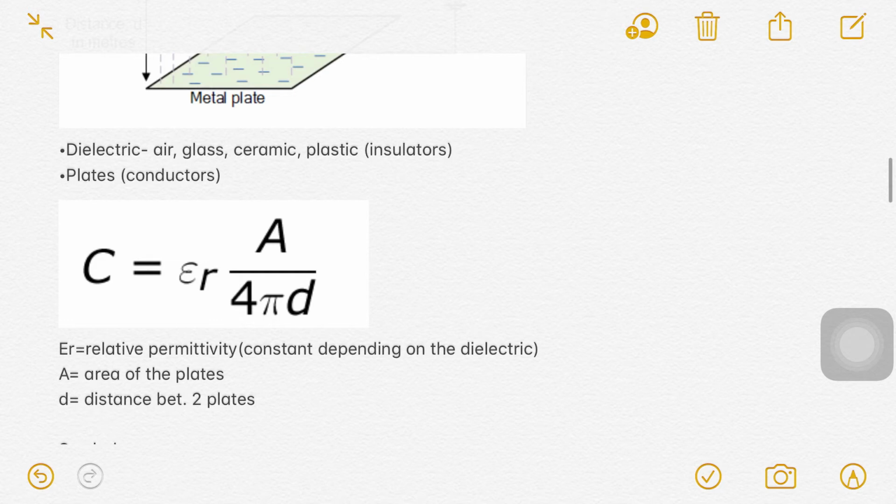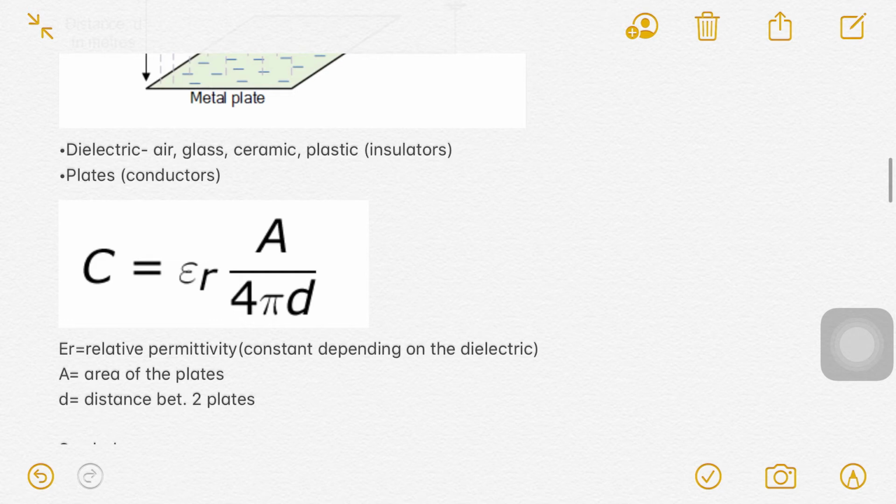Sabi nga natin, meron tayo iba't ibang types ng dielectric na ginagamit, depende sa type ng capacitor. So, yung permittivity na gagamitin natin depende kung ano ginamit natin. Dielectric, may kanya-kanya kasing permittivity itong iba't ibang materials na to. So, depende talaga sa material.